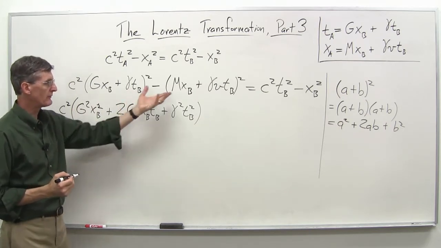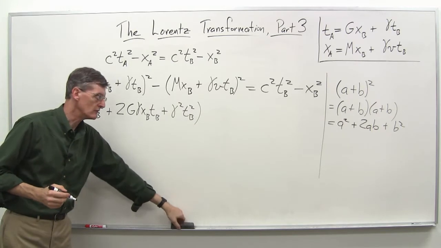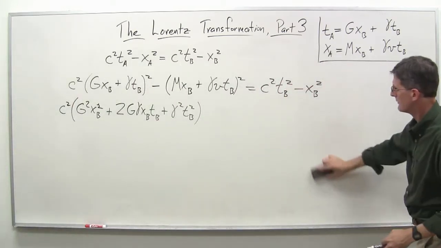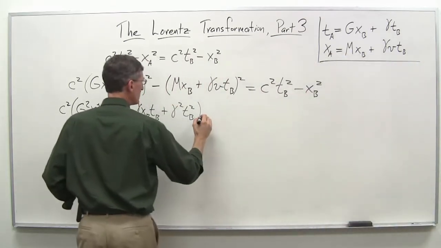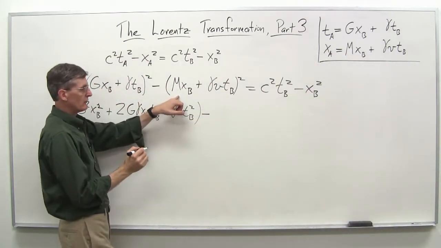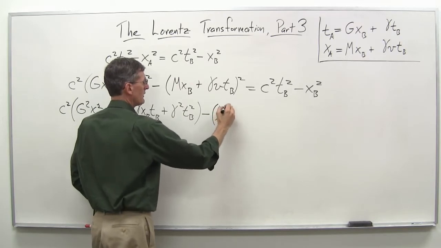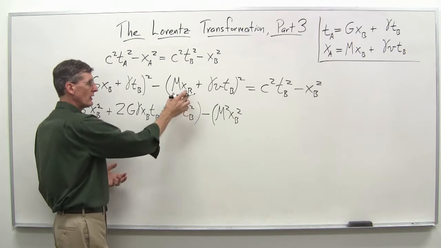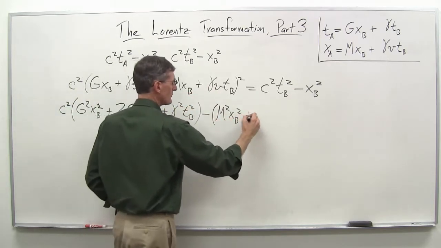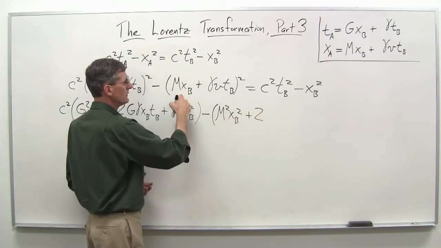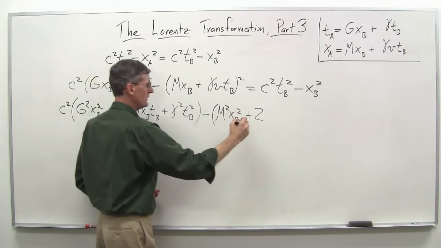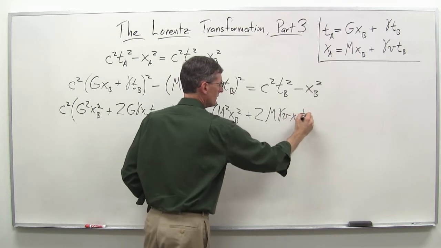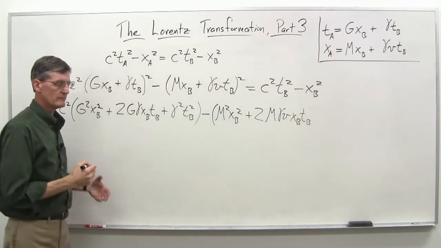Now let's multiply out this second term, and now we will have to make some more room here. Okay, so this is going to be minus, again, this squared. So I've got m squared xb squared plus 2 times this times that, plus 2 m gamma v xb tb. Take it step by step.